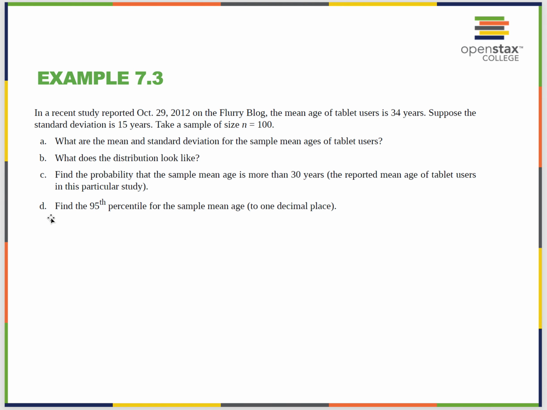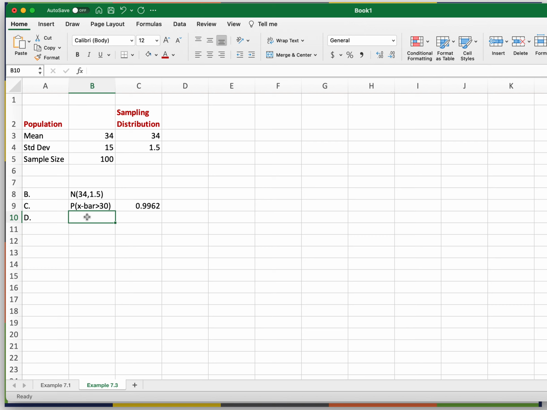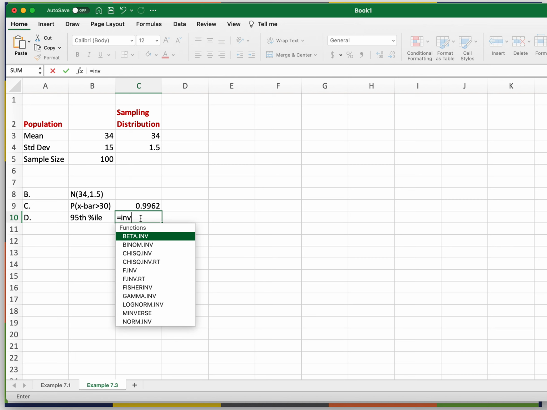It wants the 95th percentile. Well, we're at 99th percentile, so the 95th percentile is going to be somewhat less than 30. Well, now we have to use the inverse norm.